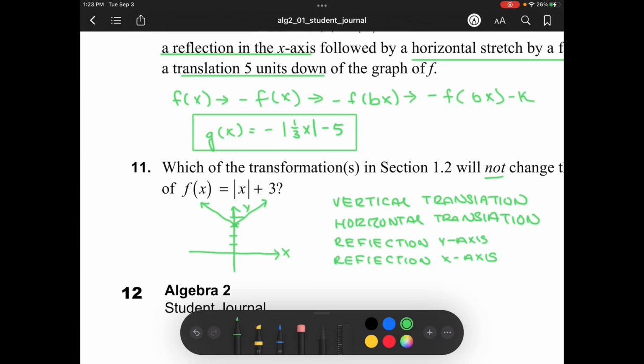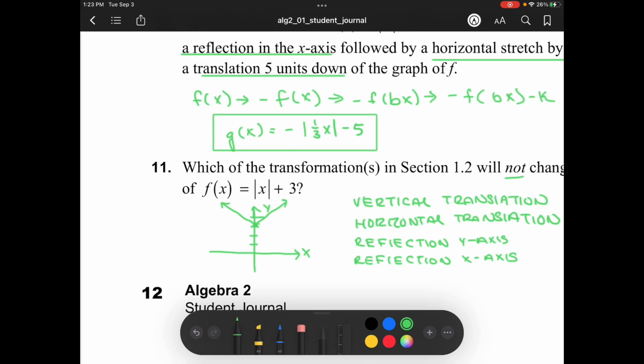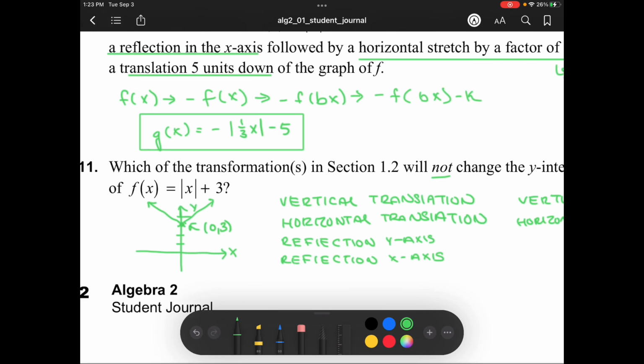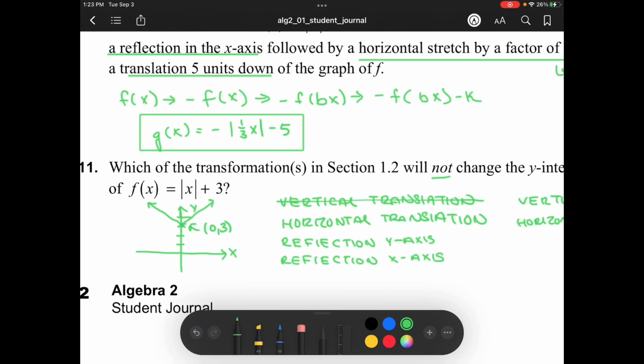Okay, so we can't do a vertical translation because that's moving up and down, and that would change this point, this (0, 3) that we want to keep. So that would not work. So we can go ahead and cross that one out. And I'm actually going to do this in a different color here.